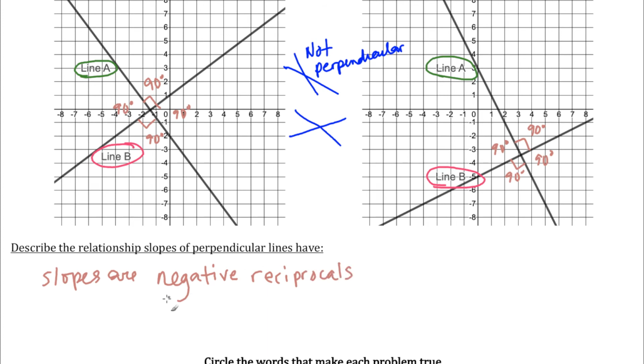What this really means is that they are opposite and they are flipped. We'll say flipped fractions.